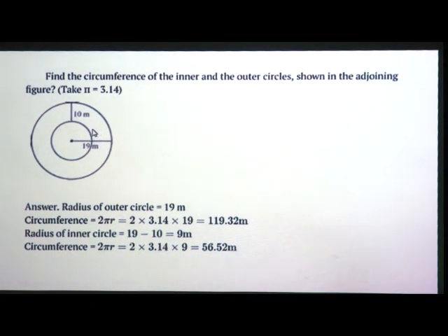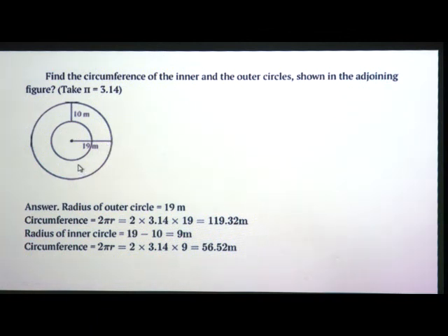When the distance between these two circles is given to us, it is easy to calculate the radius of the inner circle, as the radius of the outer circle is already given in the figure.